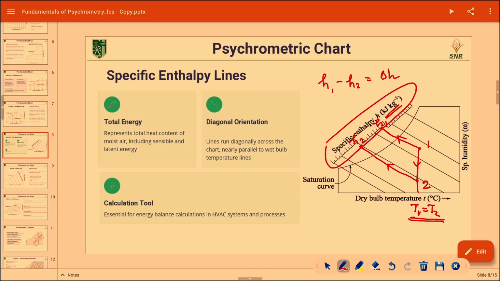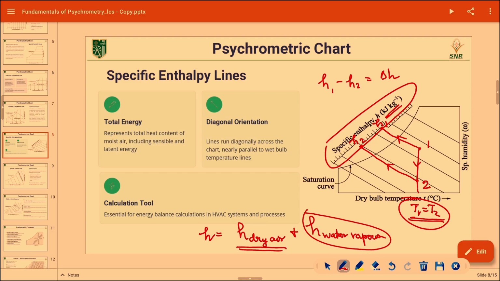As I already told you in the previous class, enthalpy is the sum of enthalpy of the dry air present in the mixture and enthalpy of water vapor, and this is the sensible heat. The contribution of the sensible heat is nil, there is no change in temperature, but this is what? Latent heat load.